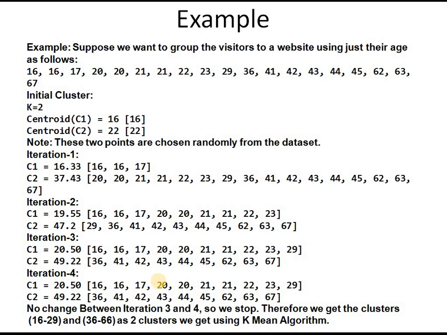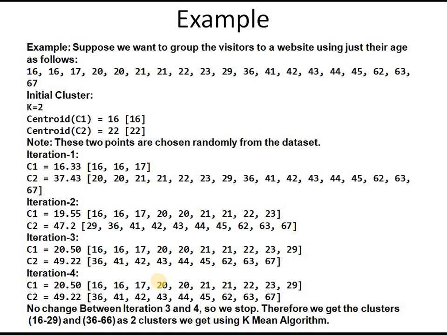We again calculate the mean for centroid C1 and the mean for centroid C2. In iteration 2, we get 19.55 as the mean value for centroid C1 and 47.2 as the mean value for centroid C2.